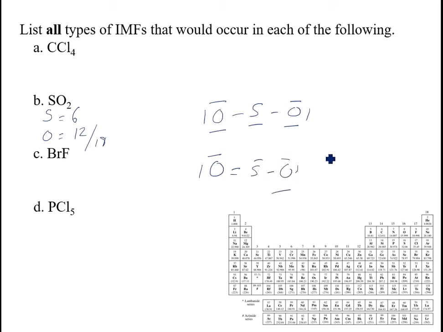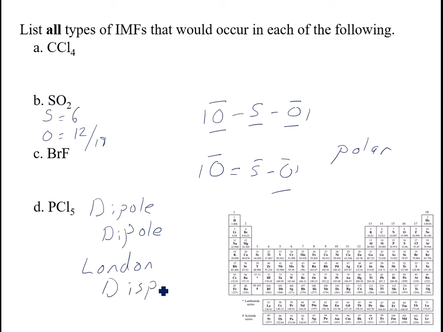So that's the structure. It has no hydrogens, so therefore it doesn't have hydrogen bonding, but this is a polar molecule. And as such, the intermolecular forces are dipole-dipole, and then all of them have London dispersion. Okay, so that's how you do that one.